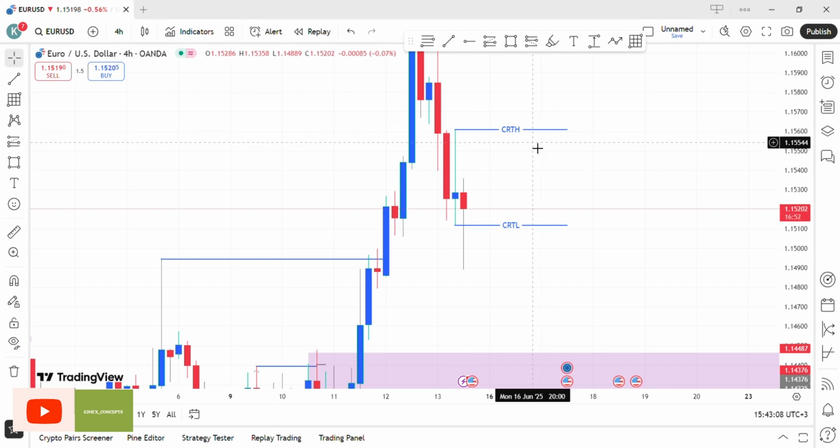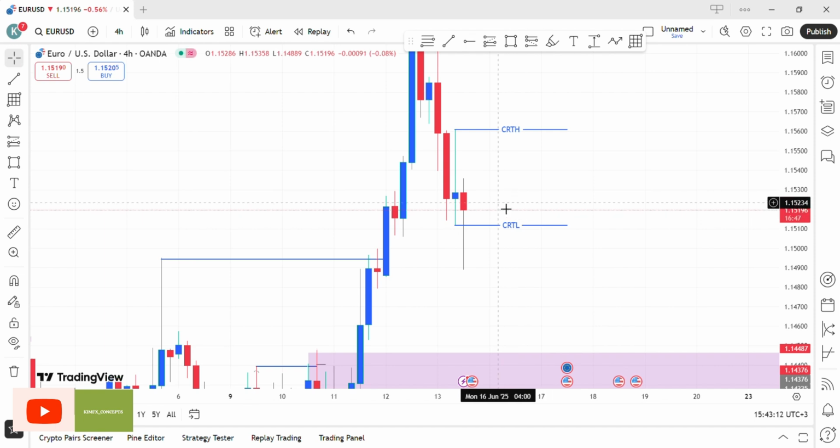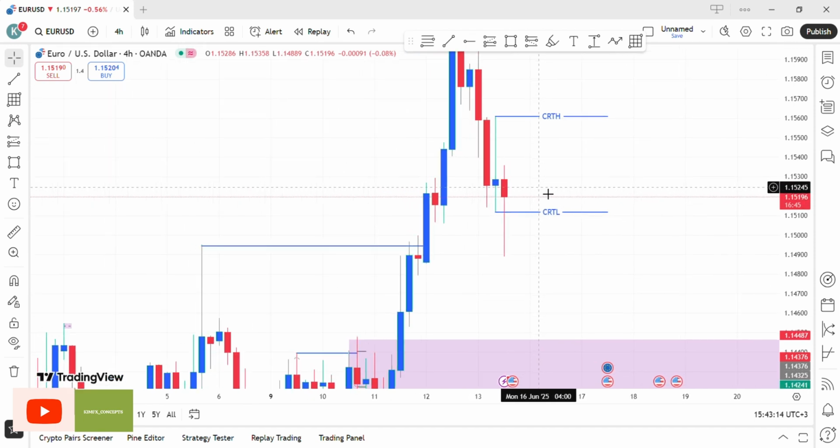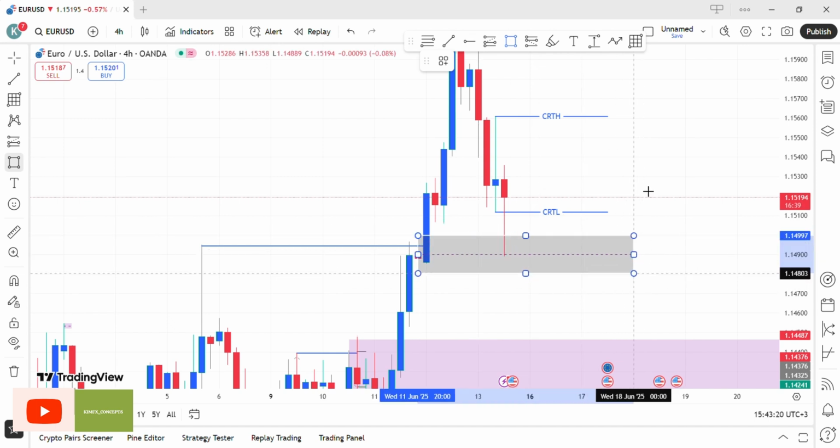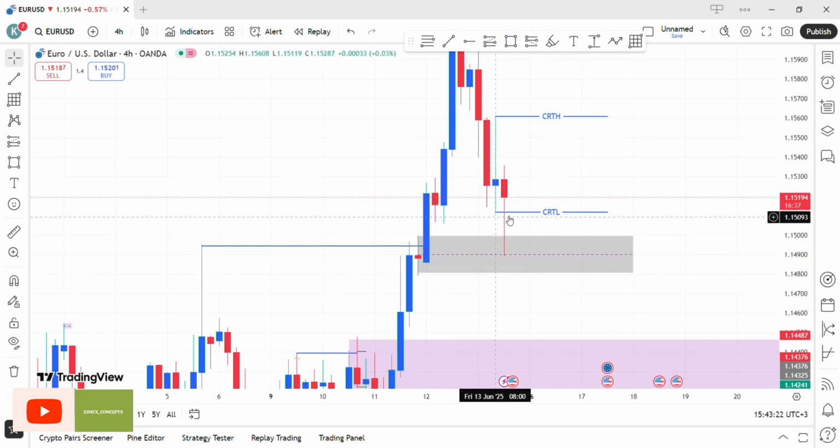After marking the CRT low and the CRT high, you check for a point of interest, either below or above. Below here, we have another point of interest on the 4 hours time frame. So once this sweep happens to a point of interest, what do you do? You shift to lower time frame, that is the 5 minutes, to look for entry.